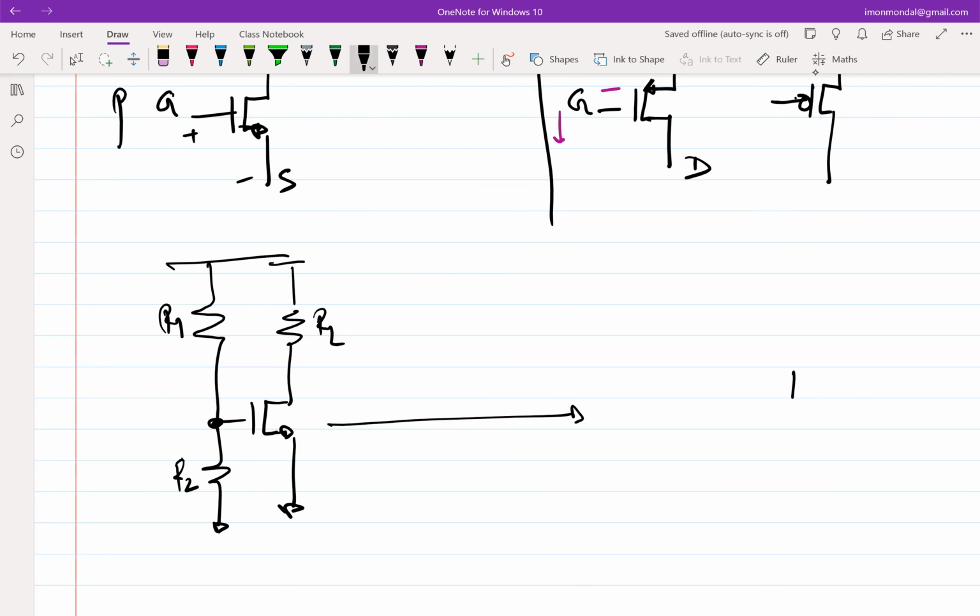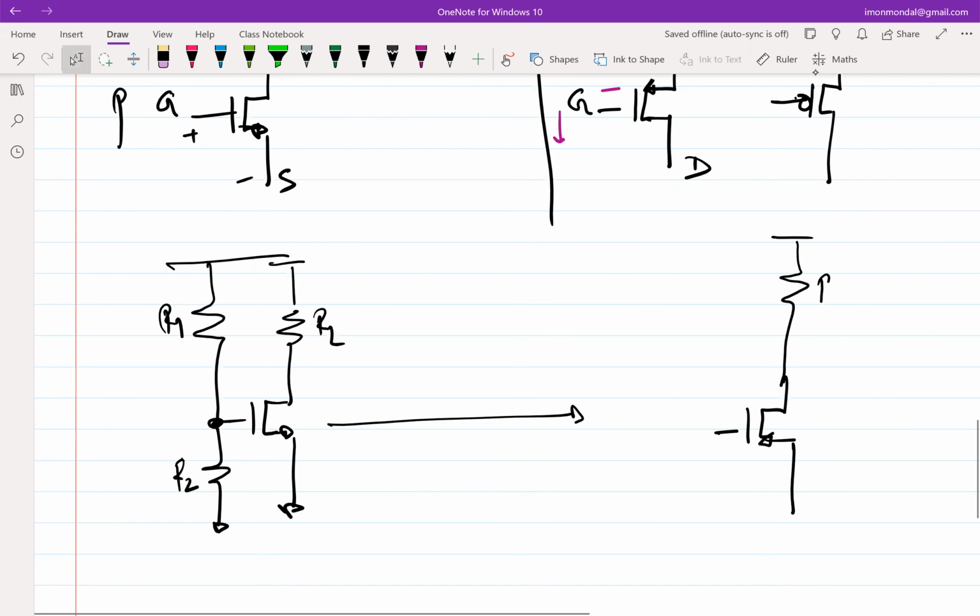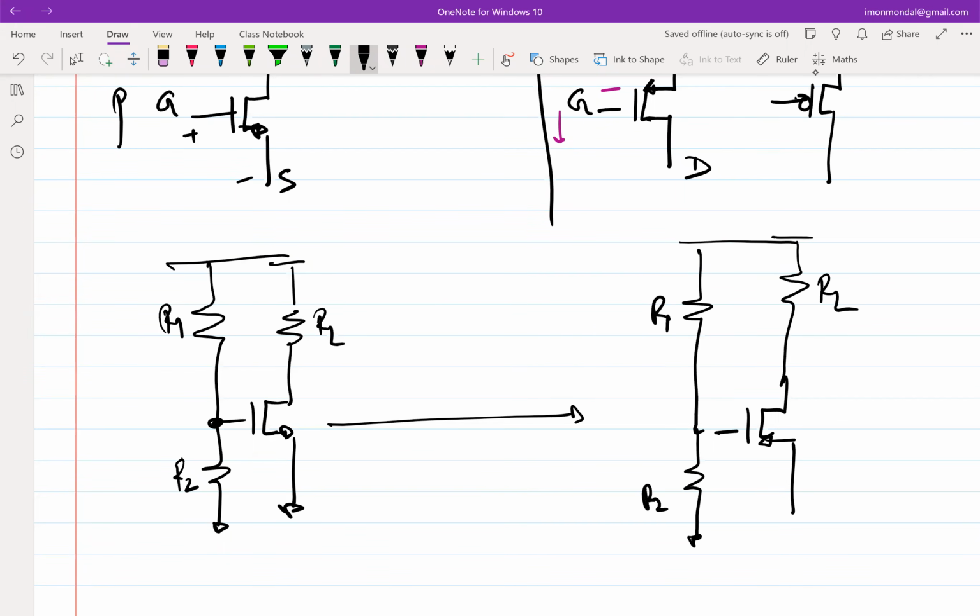I will not change the source and drain terminals initially. Let me keep the source and drain terminals the same, and I will change nothing. I will keep this RL, keep this one as R1, keep this one as R2.